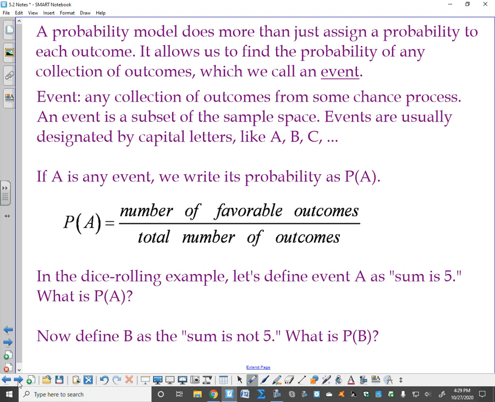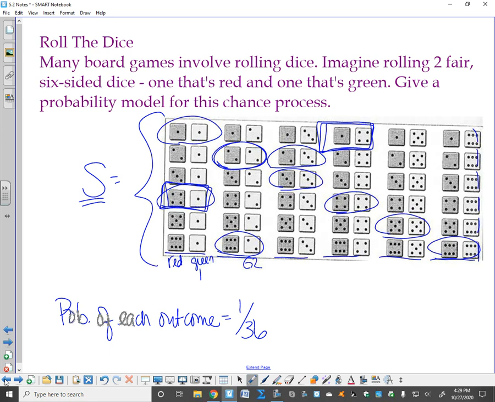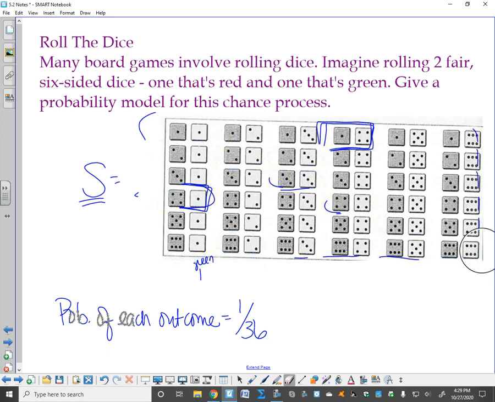Okay, now let's make sure we understand what an event is. Let's look at the next example. In the dice rolling example, let's define event A as the sum is 5. What is the probability of A? I'm going to go back to my dice. The sum is 5 is my event. Let's start with a clean slate.